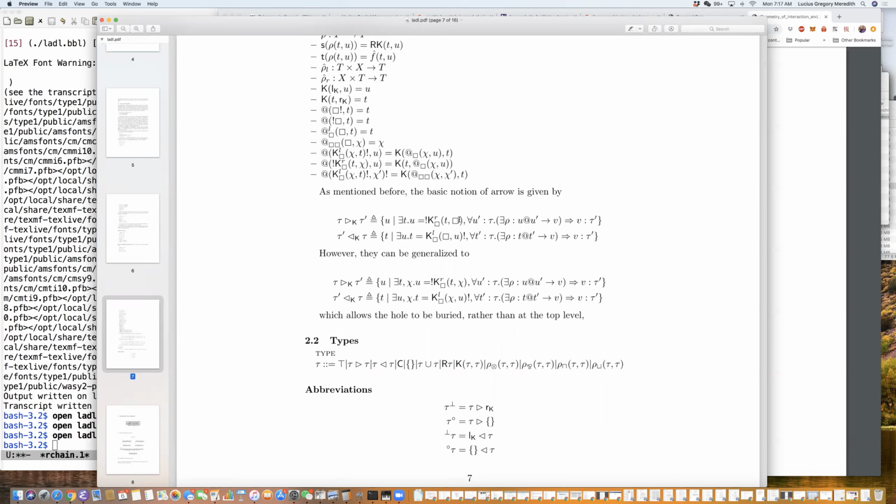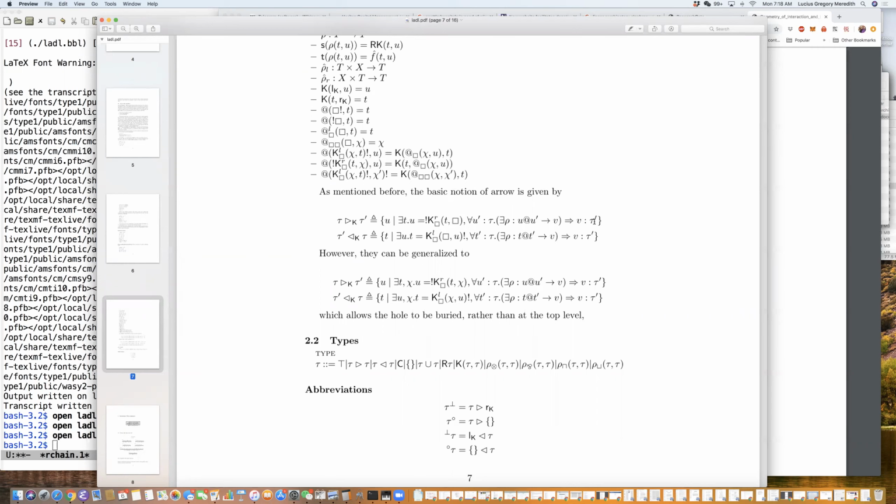So we're forming the left-hand side of a rewrite, and then whenever we plug the hole with something of type tau, so that's the left-hand side of the arrow, and the rewrite applies in one step, then what we get is of type tau prime.